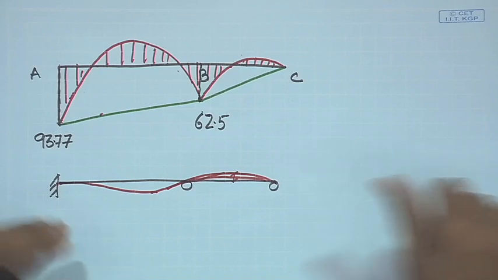So, whenever you solve any problem, whether determinate or indeterminate structure, whenever you draw bending moment and shear force diagrams, parallelly try to draw the deflected shape, try by intuition to guess what could be the deflected shape, and once you draw it, later you find out the deflection and compare whether your intuition was right or not. This exercise will help to develop the sense through which, without actually solving a structure, you can have some understanding of the behavior of the structure.